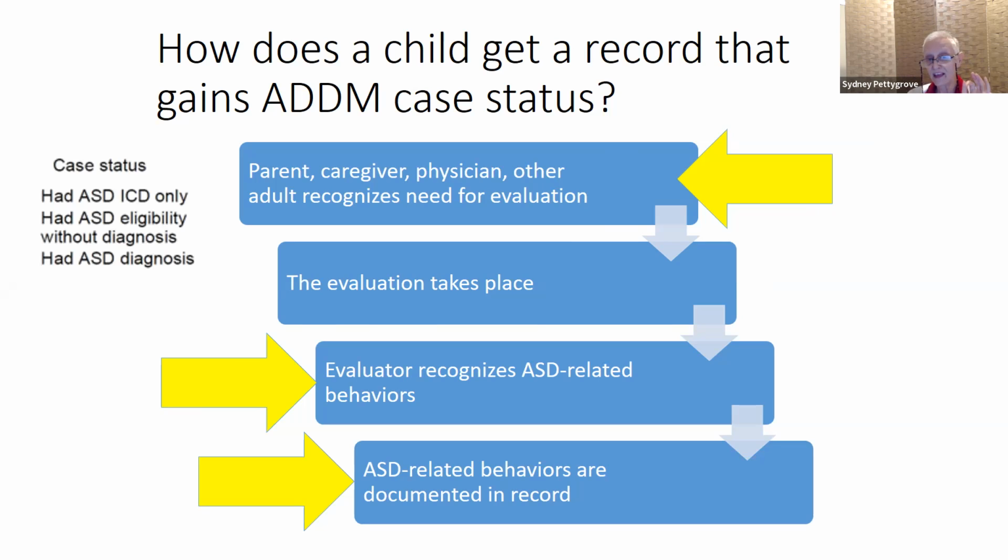At this point, though, in the ADAM Classic protocol, we did not require that the children have a clinical diagnosis of autism or special ed eligibility for autism, only that we could find them in the records, and then they would have to have these behaviors documented there.